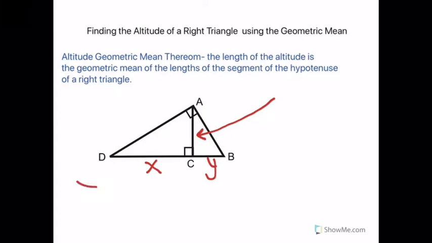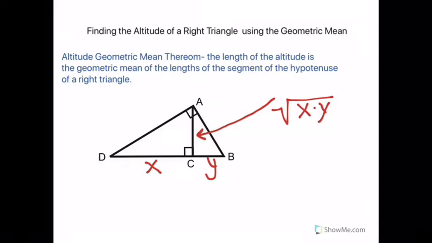The hypotenuse is this side of the triangle, the longest slanted side, if I were to place it on its base. The segments of this hypotenuse are x and y. So to find that altitude, I find the geometric mean of x and y. That means multiplying x times y and finding its square root.